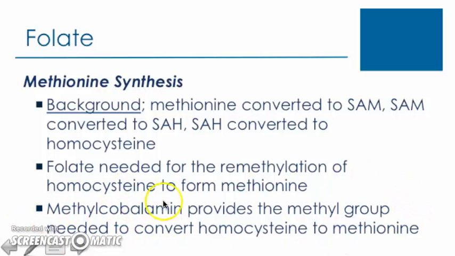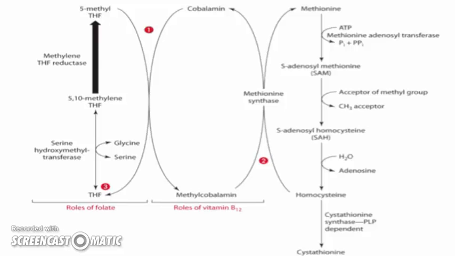This cobalamin is going to be the vitamin B12 involved in this process. So here's the detailed diagram which leads to the eventual conversion of methionine. We see a number of intermediates and enzymes involved. Also part of this diagram, it's broken up by first the roles of folate, and then we see the role of the cobalamin or vitamin B12.